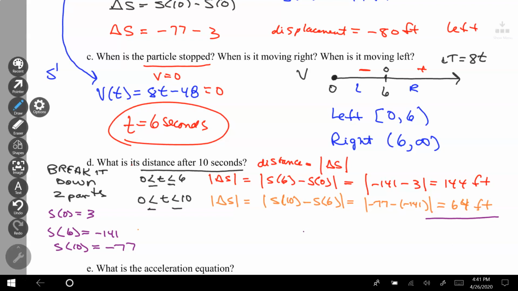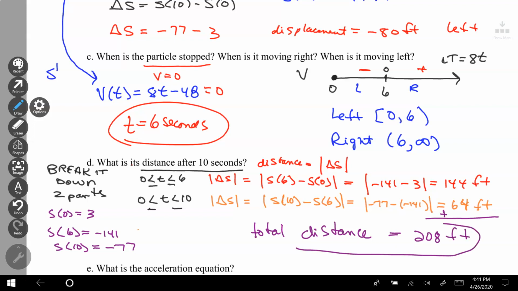So my total distance, when I add these two together, I get 208 feet is the grand total distance that it traveled, left and right.